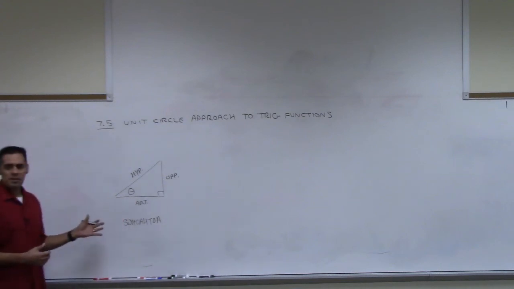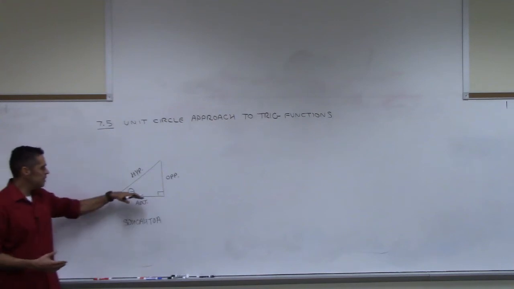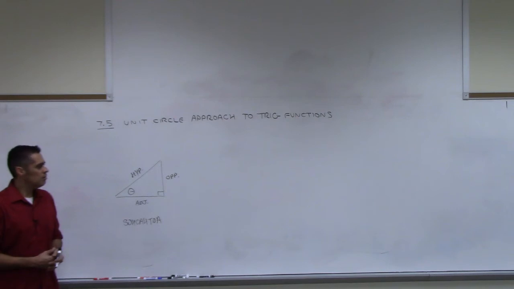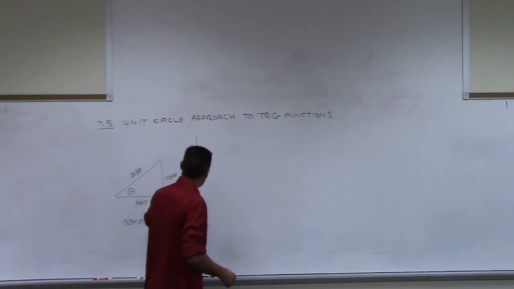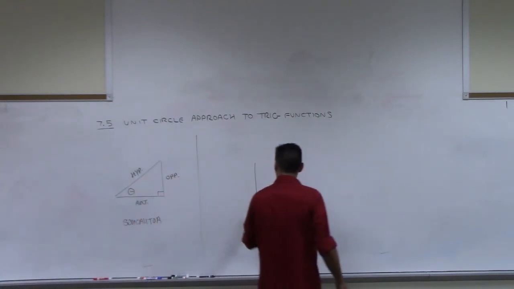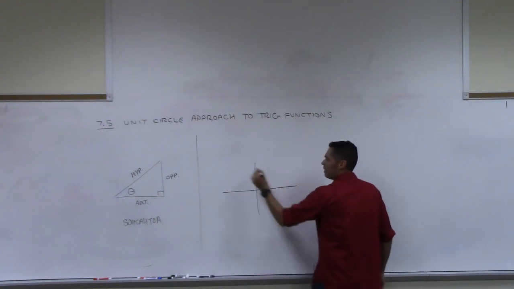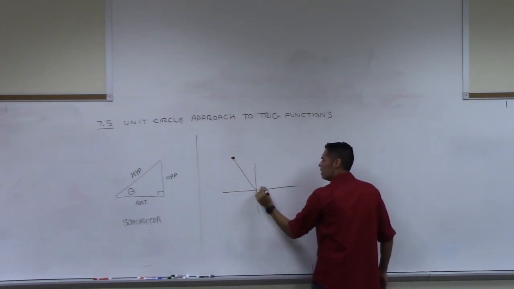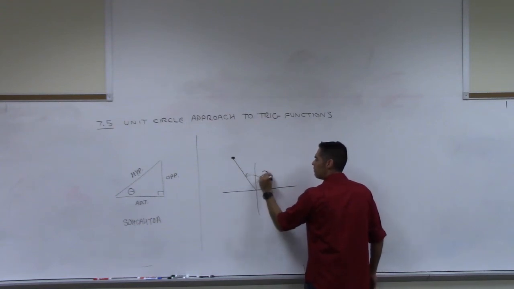The problem with this approach was what? It's limited between angles between 0 and 90 degrees. So we moved on past that, and we said, instead, let's just pick an arbitrary point out here. Let's call this angle theta.